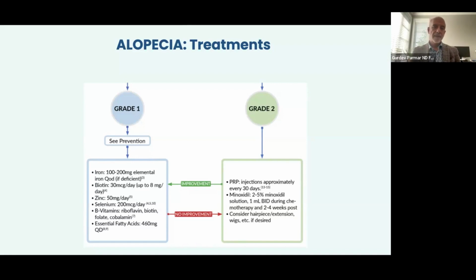So platelet-rich plasma, PRP, is discussed, and what the potential benefits of this are, and what kind of experience a person has with this. Minoxidil, 2 to 5%. We typically only recommend 5% in our practice because we have found that 2% is not really used. All of these clinical pearls that I'm telling you right now, you will not read when you read this; it just tells you exactly what to do.